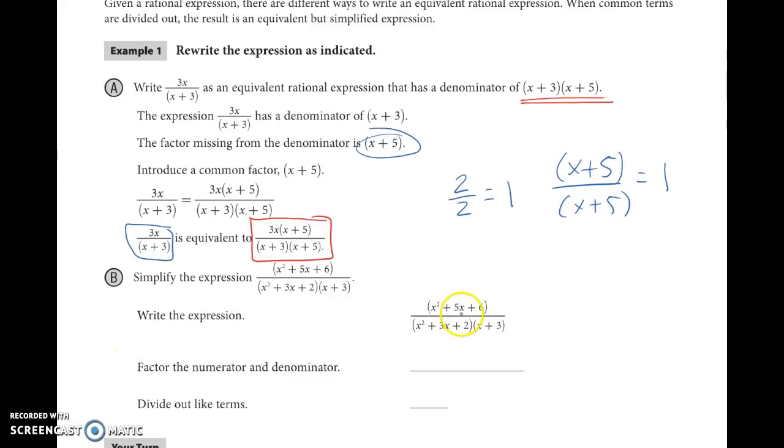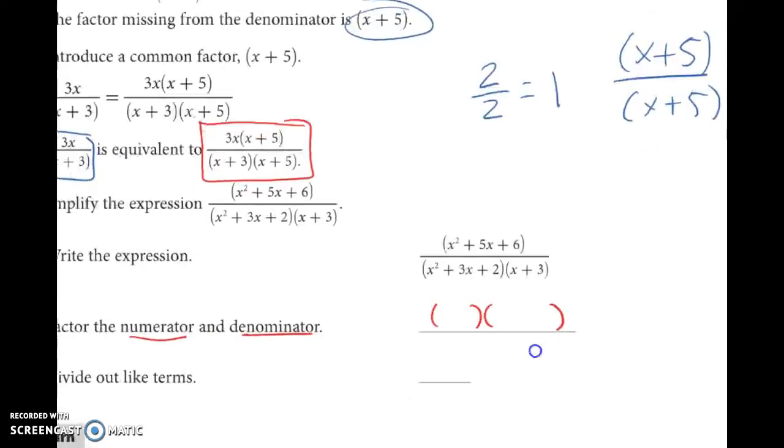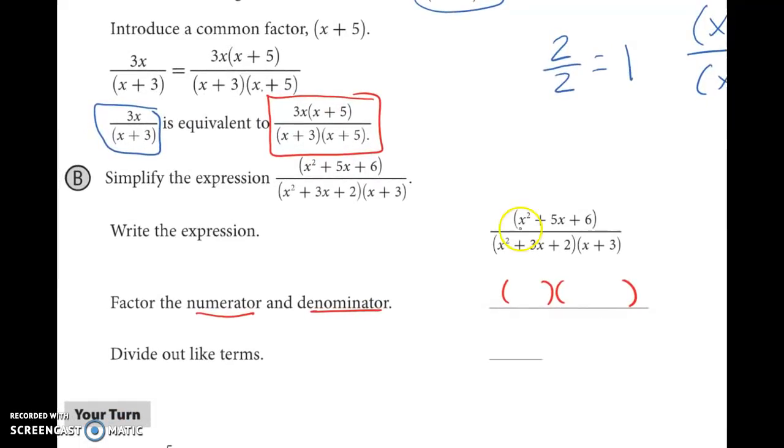Write the expression, here it is, and factor the numerator and the denominator. So looking at my numerator, what multiplies to x squared is x, and what multiplies to 6 but adds to 5? So I'm not going to use 6 and 1, I'm going to use 2 and 3, because 2 and 3 will add to 5x.